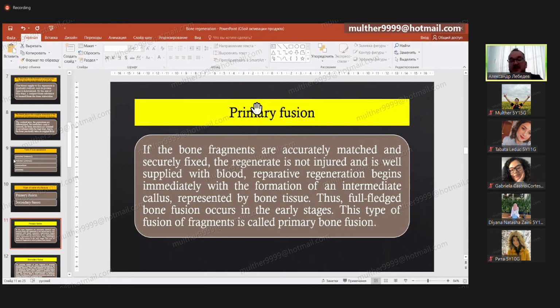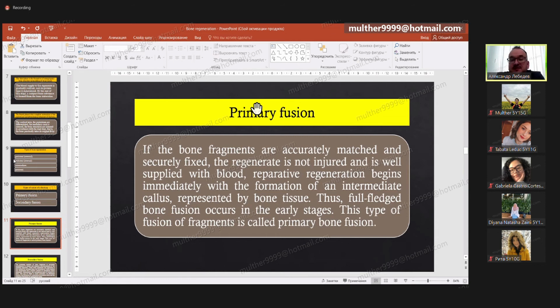Okay, primary fusion. If we speak about primary fusion, it's the good result of our treatment. What does it mean? I told all of my groups that to see good results, we must guarantee 4 conditions. First of all, we must reduce the dislocation of the bony fragments. Secondly, we must guarantee that we have no interposition of any tissues in the line of the fracture.